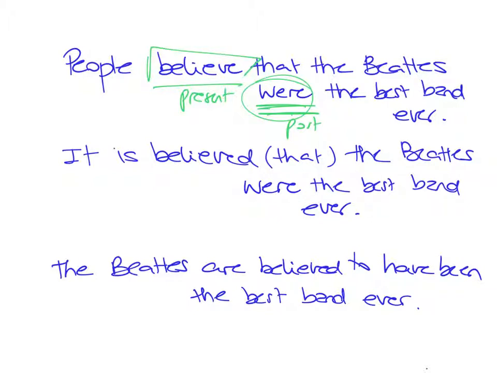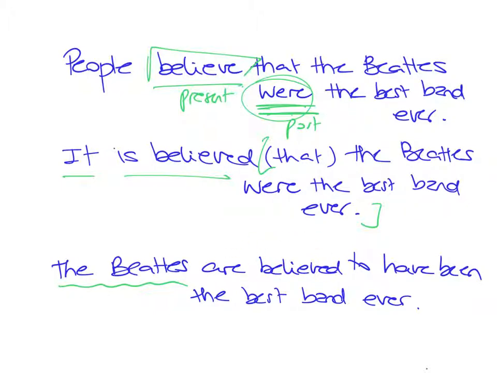If this happened before this, what you need to say could be it is believed, and then the rest remains the same. Or if you're making this personal construction, you start with the Beatles. Because this verb is in the present, but passive, because you're going to say something about these people here.